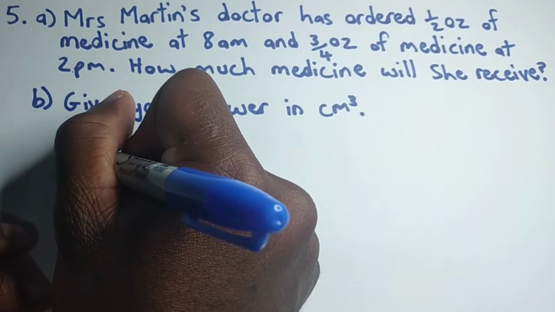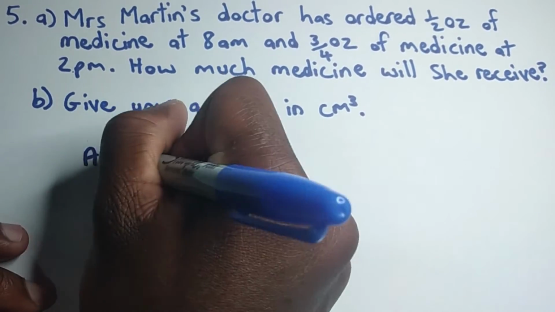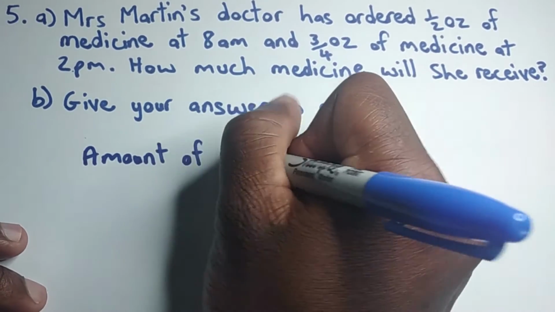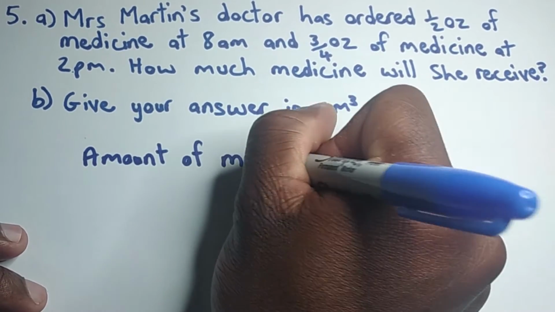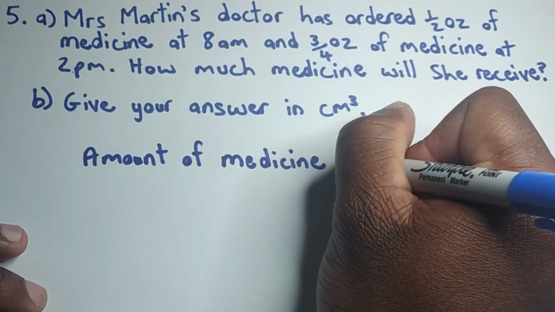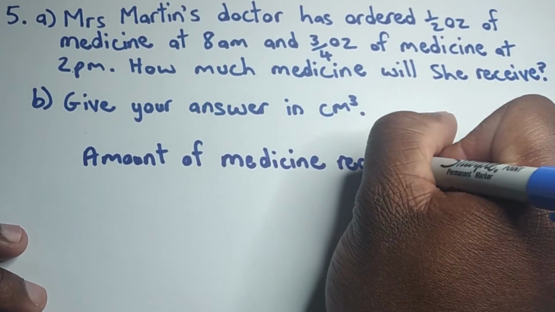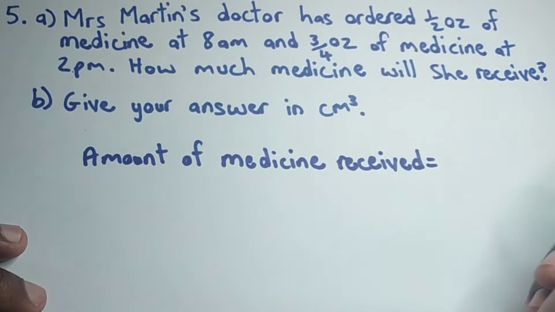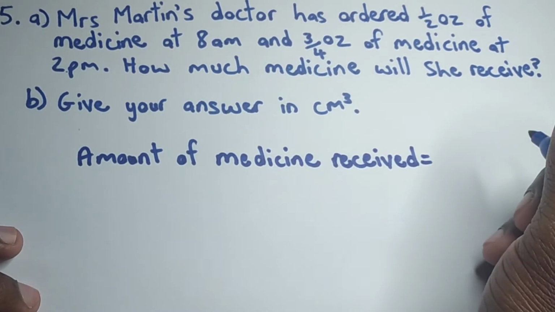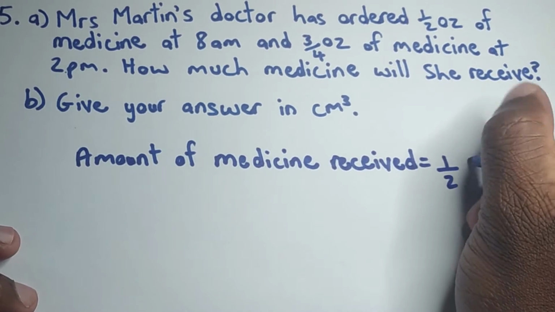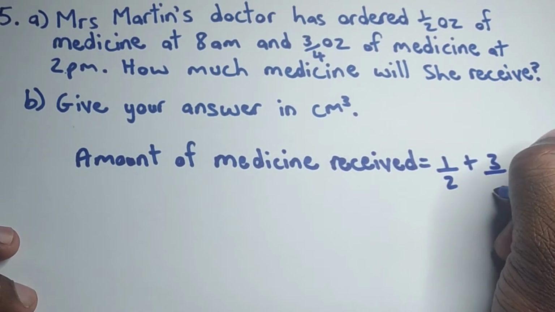So we can say amount of medicine received would be equal to, and we'll add the fractions, all right? So we'll add 1 over 2 plus 3 over 4, all right?